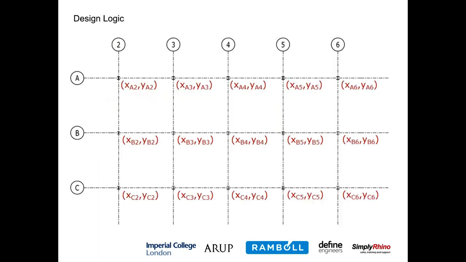So to give you an example of how that's useful, if you're going to set out a column grid, as you probably have seen, when you're arranging columns in a building, it's very common to use some kind of regular grid arrangement, so that you end up with equal spans and so on. If you are going to describe that column grid to somebody or to a computer, you could do it by saying, okay, this first column is at these coordinates: x equals 10, y equals 500 million, and so on and so forth.